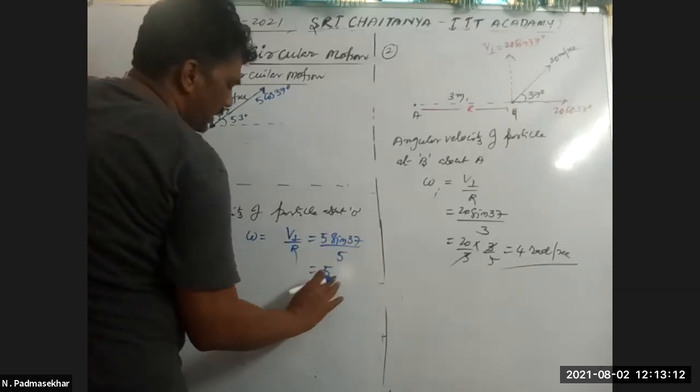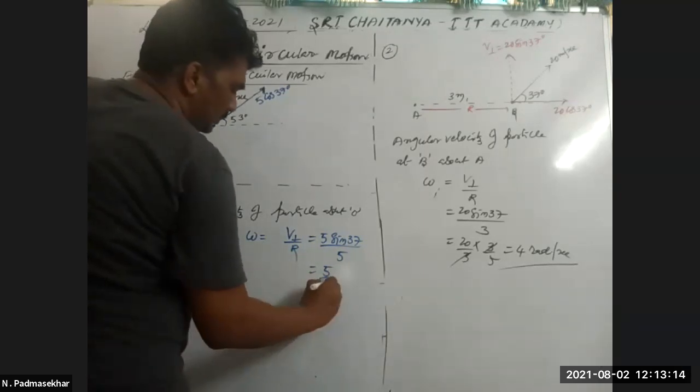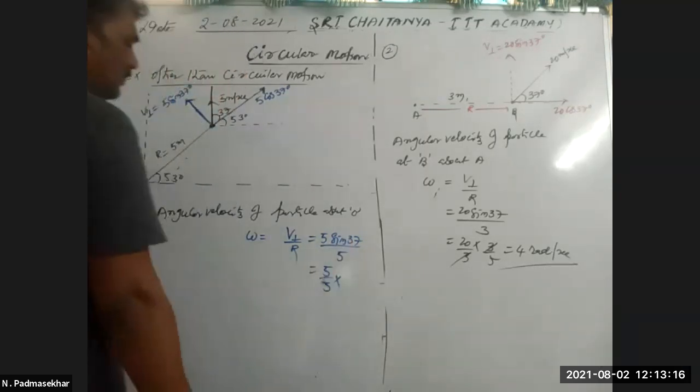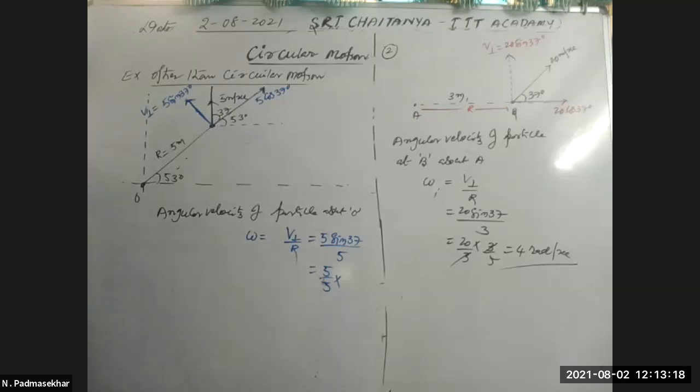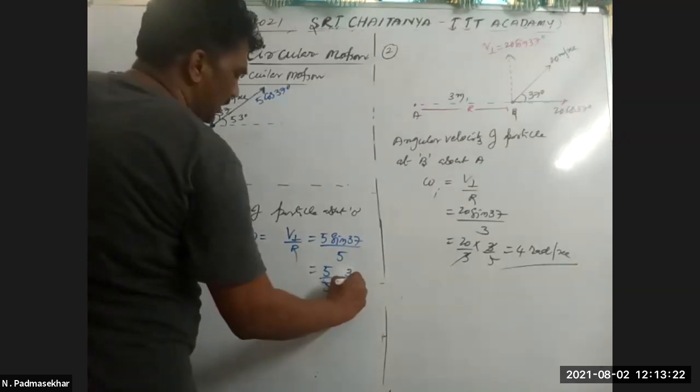So 5 by 5 into sin 37. Sin 37 is 3 by 5.